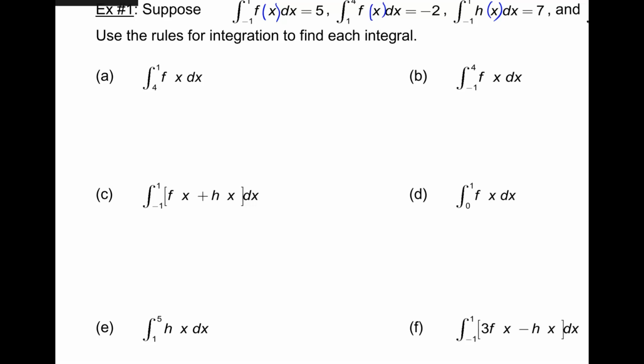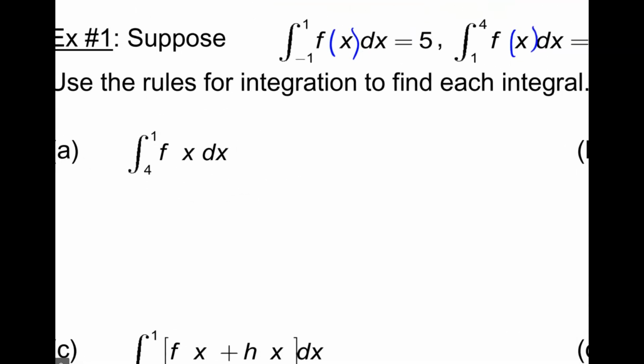So the first one, we're going from 1 to 4 of f of x dx. Does anyone have an idea how I could solve this knowing some of the things that were listed up above? For instance, we have the integral from 1 to 4. If only I had it from 4 to 1, how could I switch it? Any ideas? Noah?